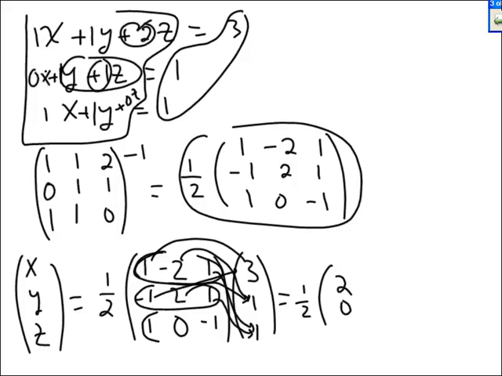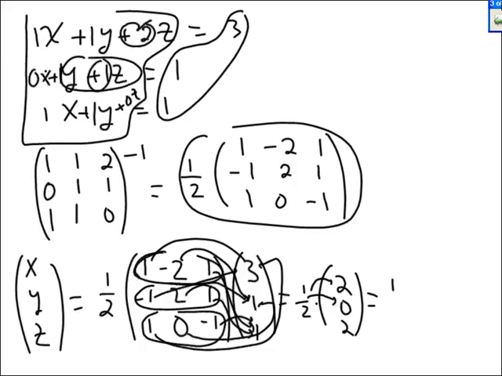Then you dot the third row with the first column. You get 3 plus 0 is still 3, minus 1 is 2. Then you multiply each of these three numbers by a half. Half of 2 is 1, half of 0 is 0, and half of 2 is 1. And there is your answer.